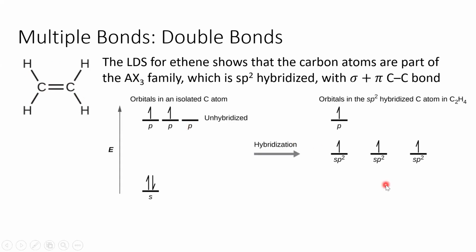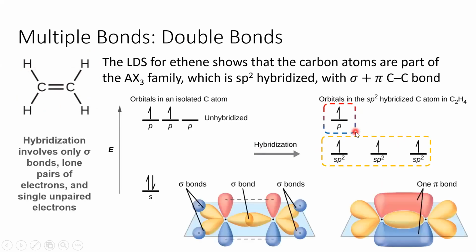So we're going to have 3 sp2 hybridized orbitals, one for here, one for here, and one for here. And the same thing over here. But there's this unhybridized orbital that's left over, and that unhybridized orbital is what's going to cause our pi bond.